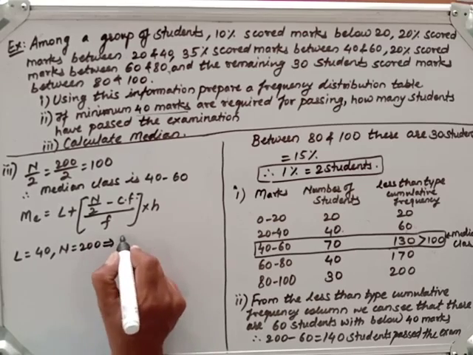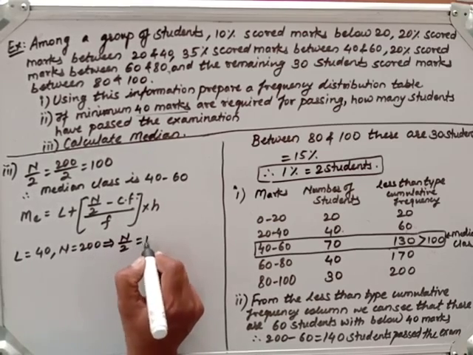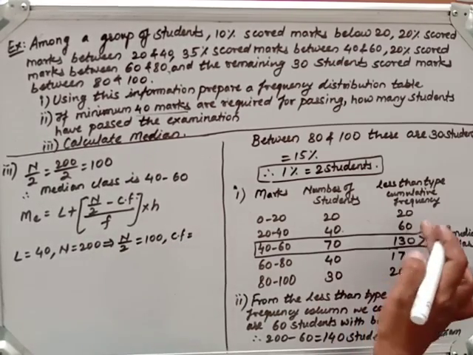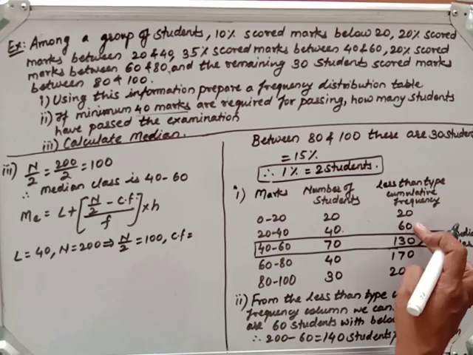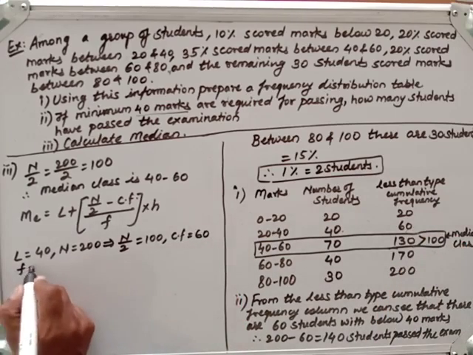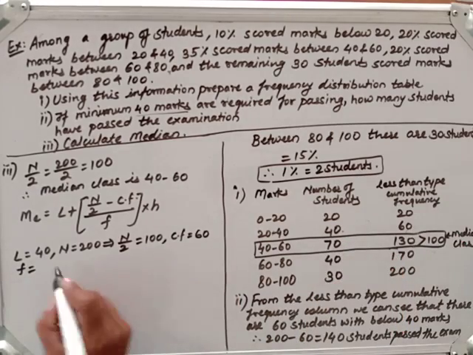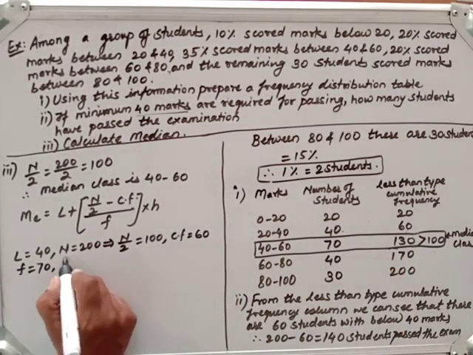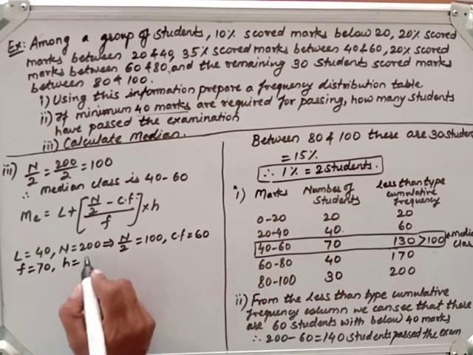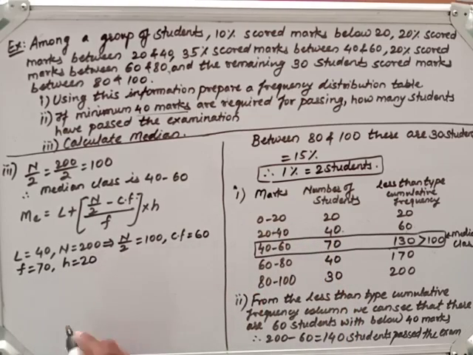So that implies n by 2 is 100. Fine. What is CF? CF is just above this frequency. This cumulative frequency is 60. And F is how much? The frequency of that median class. It is 70. And H is the class width. It is everywhere the same. These are continuous. So it is 20. Fine.